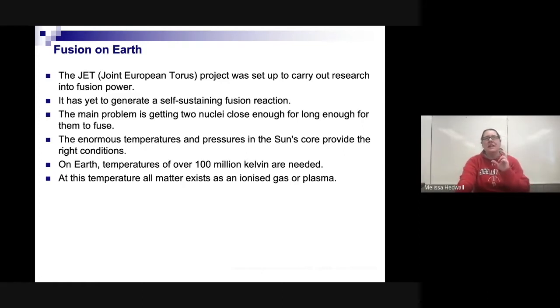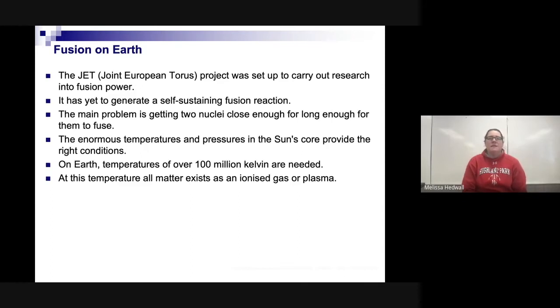And just even the physical setups that are required to get even close to any of this, the ingenuity that goes into that is mind-blowing. The thing is, it has yet to generate a self-sustaining fusion reaction.